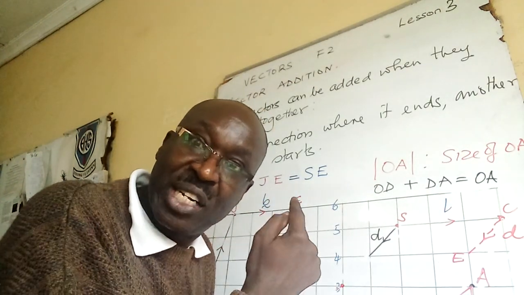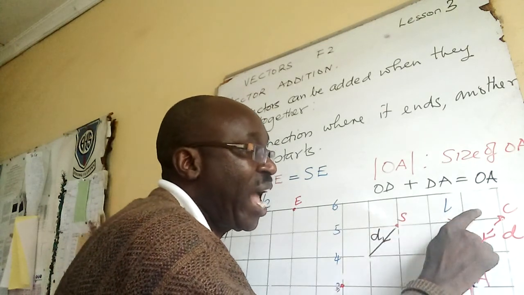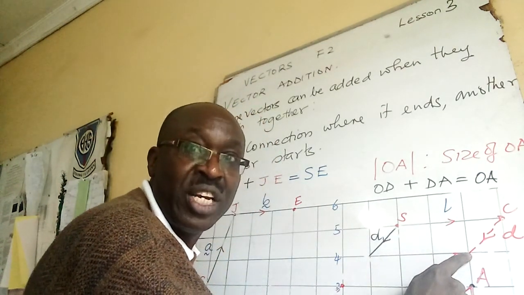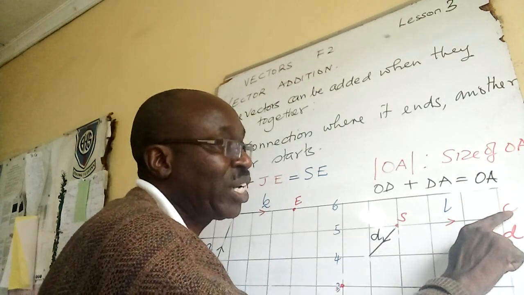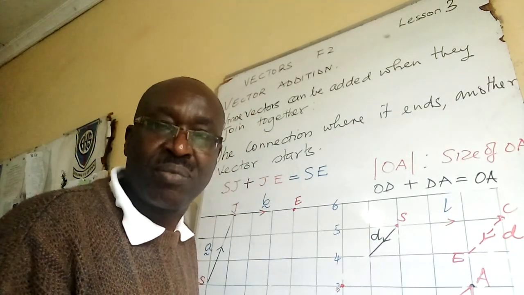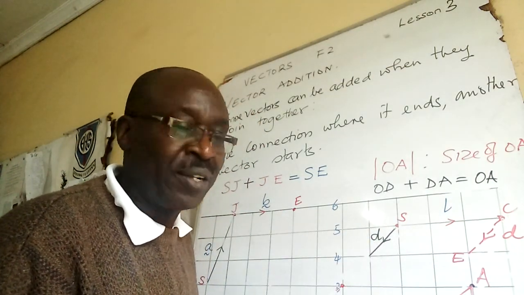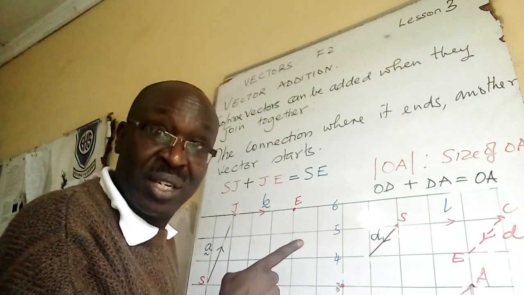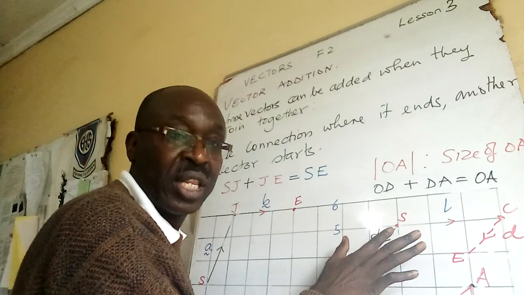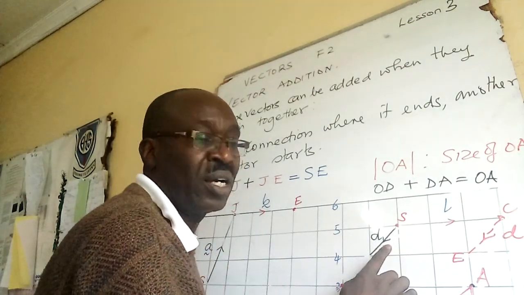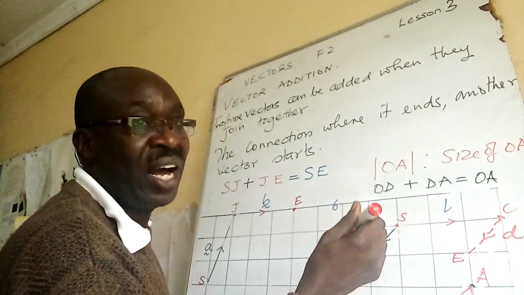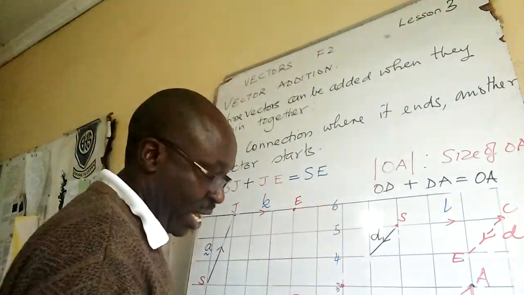Now, where L ends, I've connected with D. You can see the arrows now match, so that I have a starting point and an end point. Okay? You get this right? I've made use of equivalent vectors.